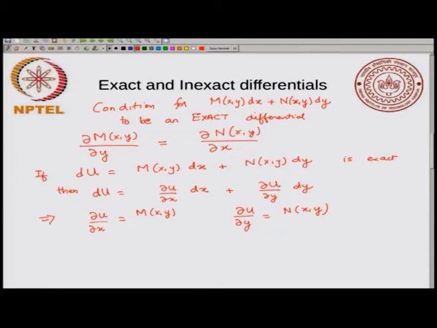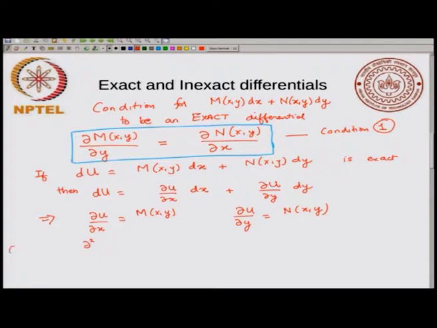So, therefore, this condition basically implies the following. If you replace M by ∂u/∂x, then you have ∂/∂y of ∂u/∂x. So, that is the second derivative. I will call this condition 1.